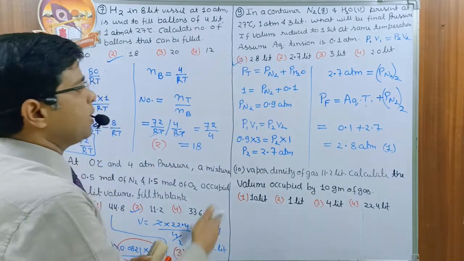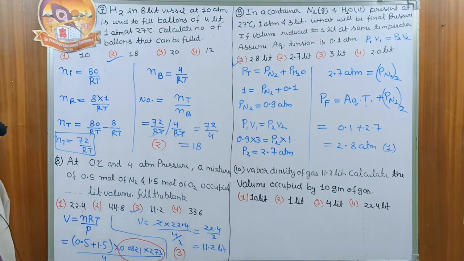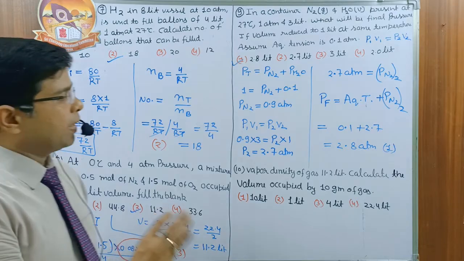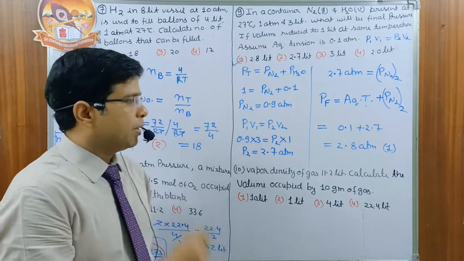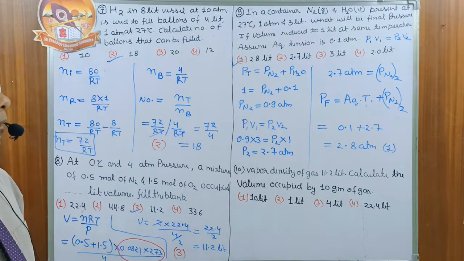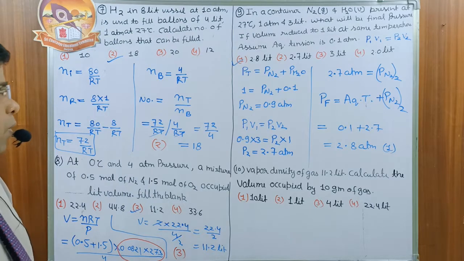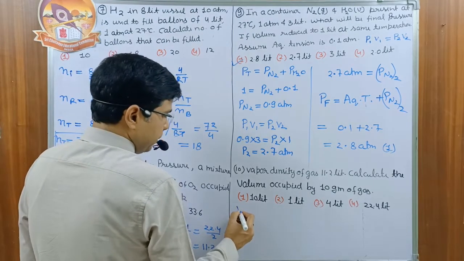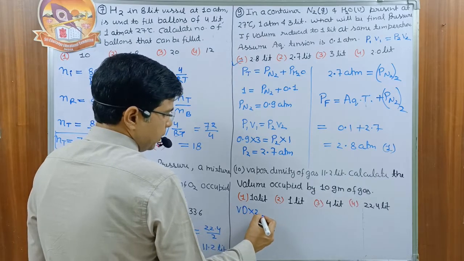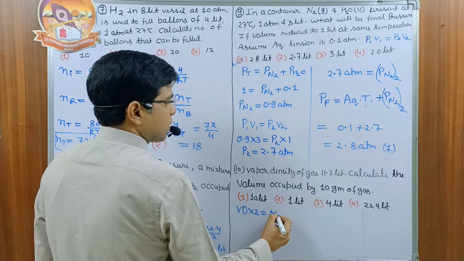Now next question, it is the easiest question which I have discussed up to this one. The vapor density of a gas is 11.2. Calculate the volume occupied by 10 gram of the gas. So look, vapor density multiplied by 2 provides the molar mass.